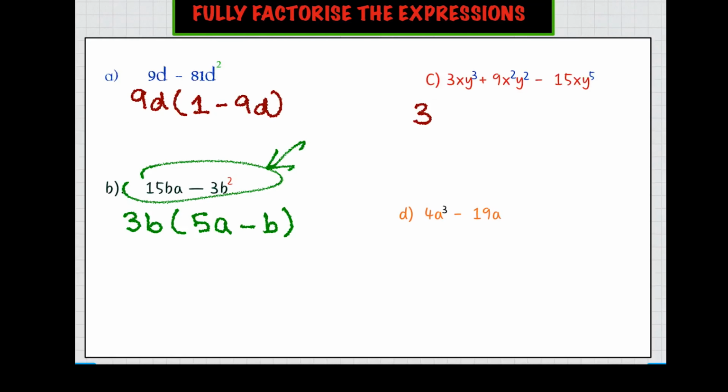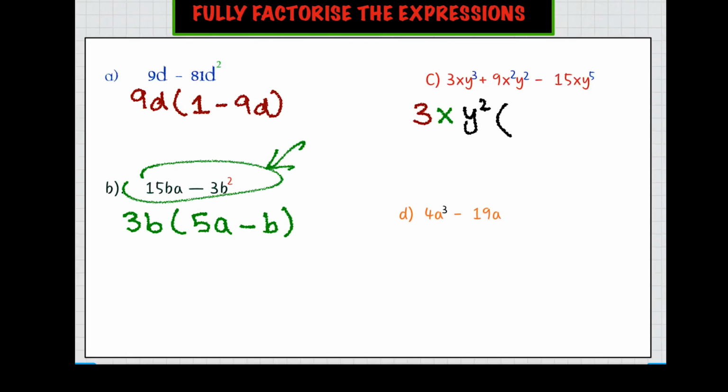So x, x squared and x. The highest common factor for x, x squared and x would be simply just x. Next, for the y terms, you got y cubed, y squared and y to the power 5. So the highest term which I can take out is y squared. That's what we're gonna take outside the brackets.